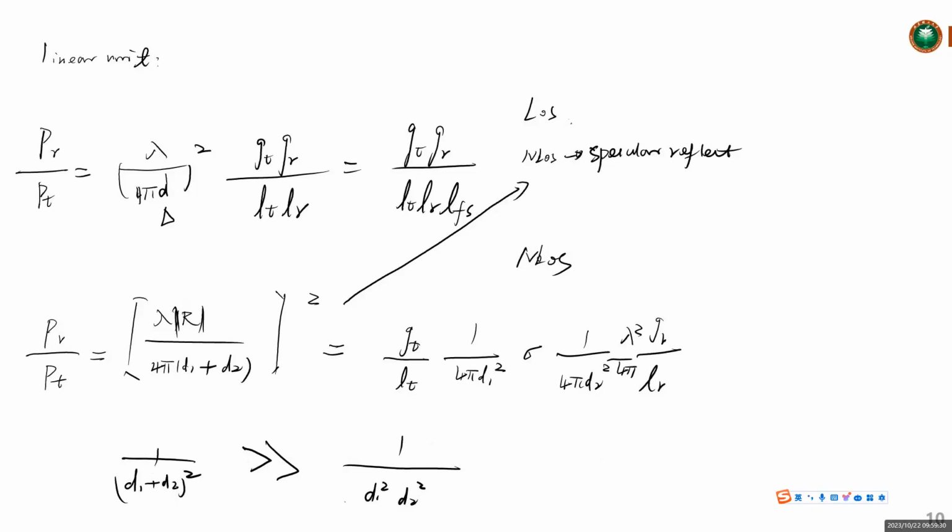That means even for the non-line of sight components or the multipath components, the specular reflection component will always dominate, even though the radar cross section is a large value.